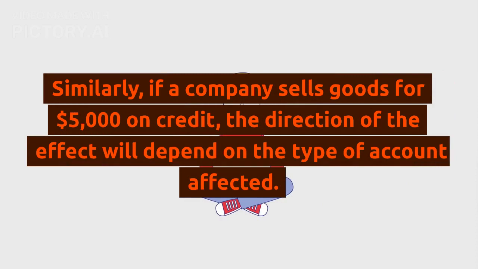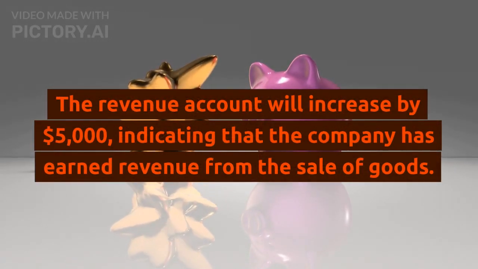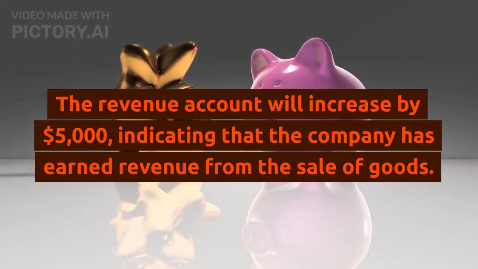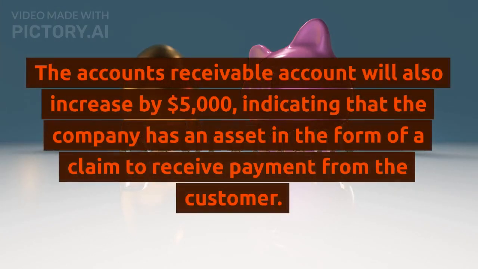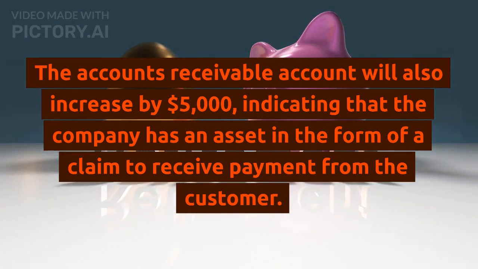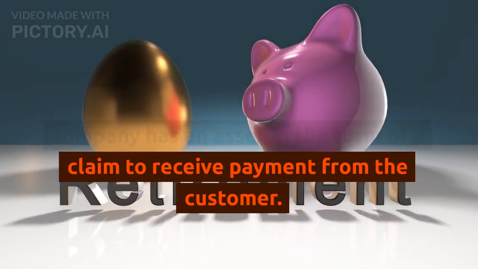Similarly, if a company sells goods for $5,000 on credit, the direction of the effect will depend on the type of account affected. The revenue account will increase by $5,000, indicating that the company has earned revenue from the sale of goods. The accounts receivable account will also increase by $5,000, indicating that the company has an asset in the form of a claim to receive payment from the customer.